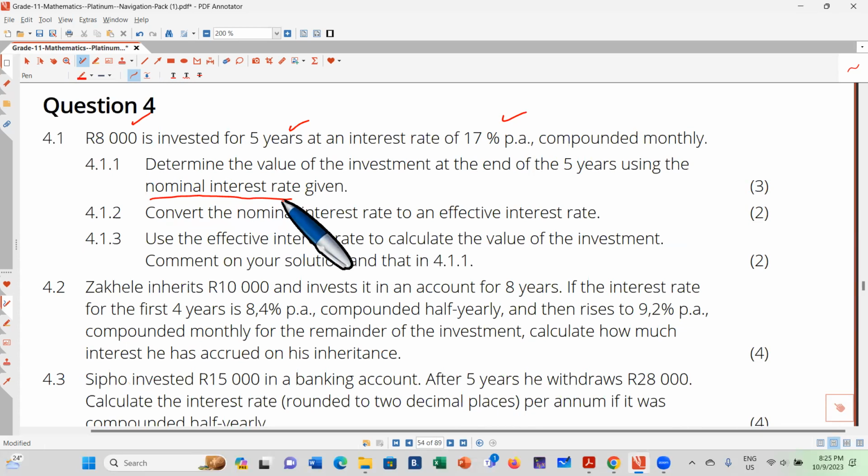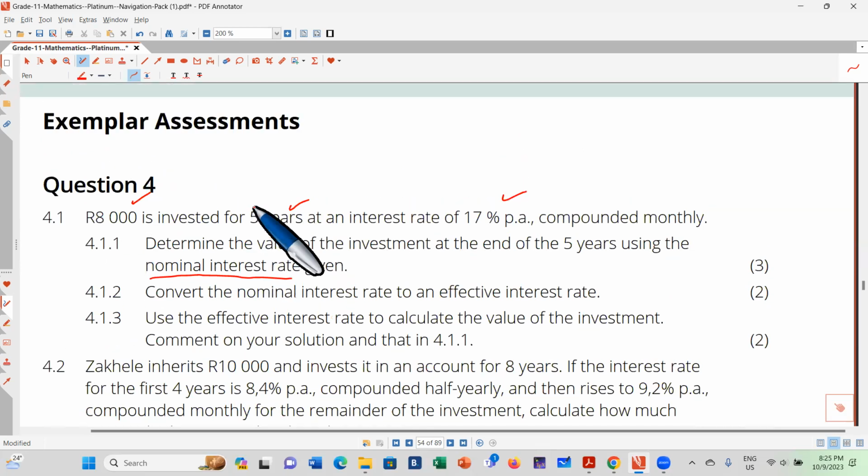When we talk about the nominal interest rate, we use a formula. So this is 8,000, invested for 5 years.